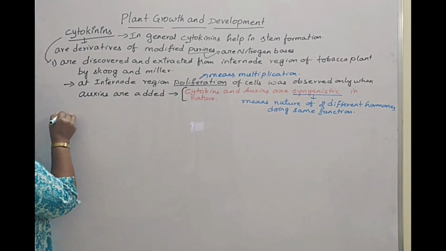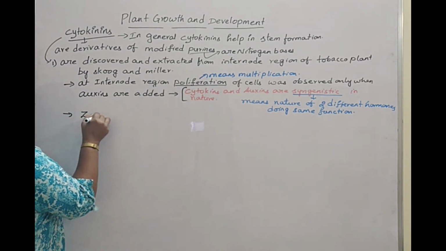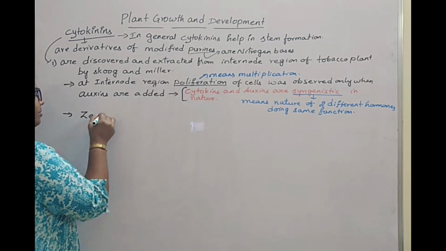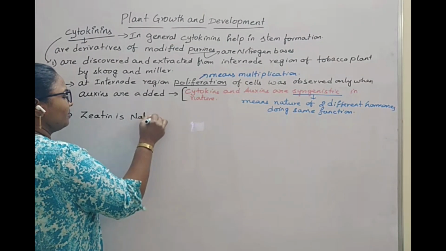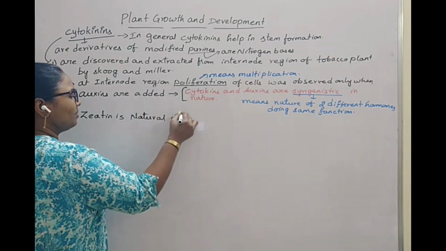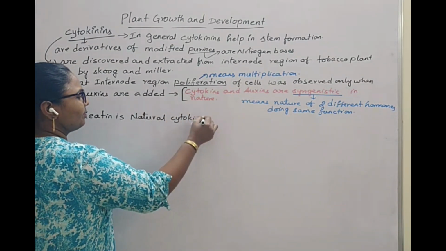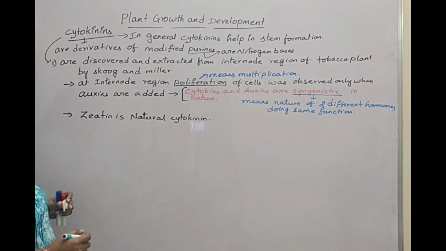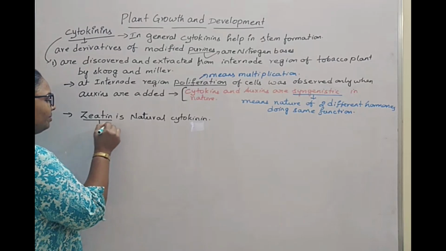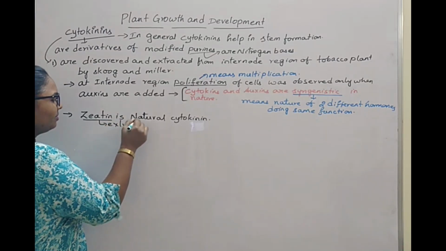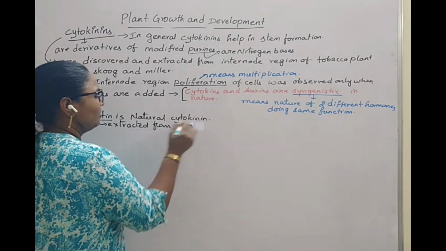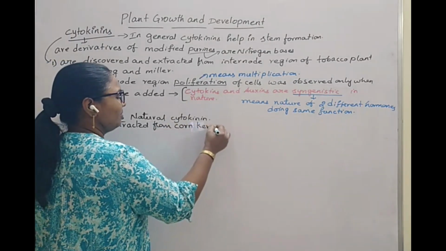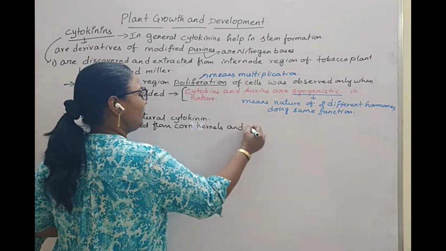Next, zeatin is considered a natural cytokinin. Zeatin is extracted from corn kernels and coconut milk.